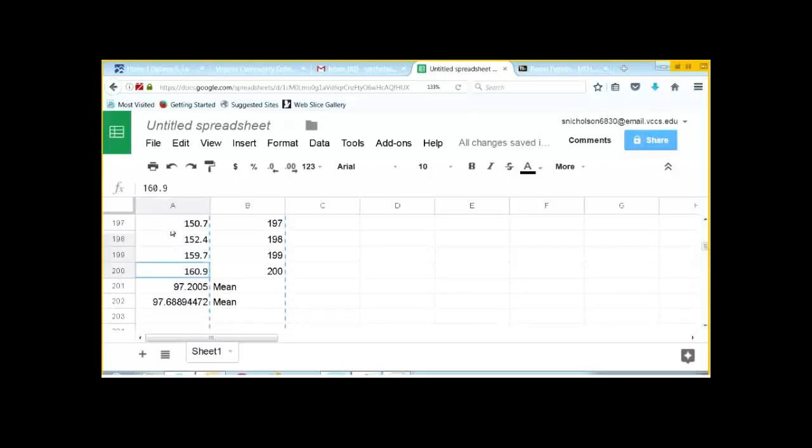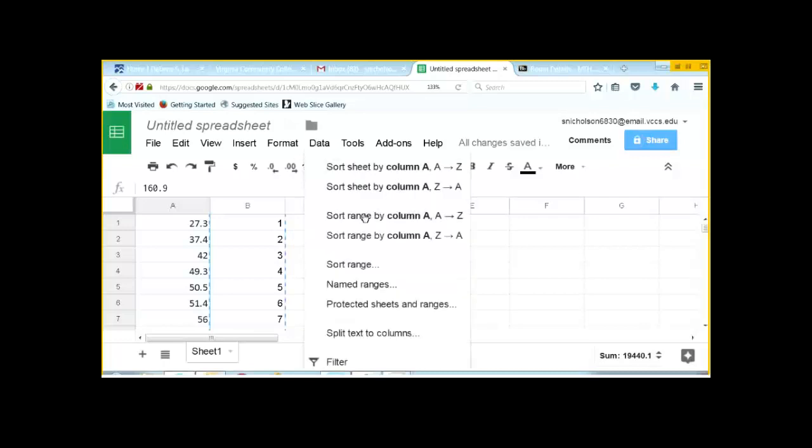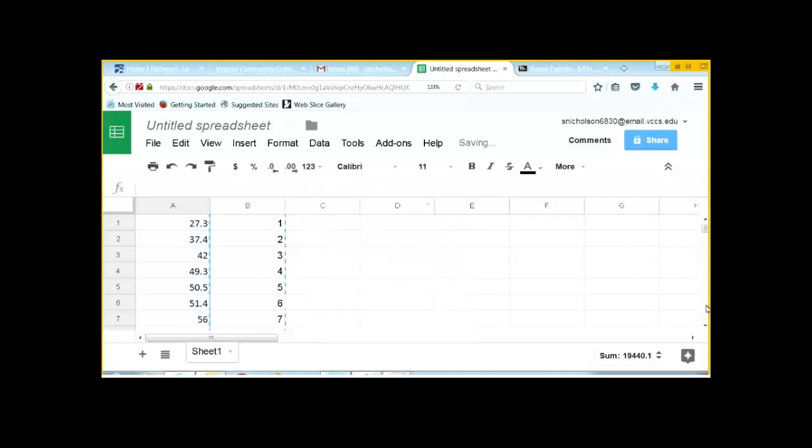What I'm going to do is take my original data here and order it again. So there's going to be one less data point. That's just to get rid of that space. So sort by range. Okay, so now it's sorted. I'm going to do this again and renumber these.